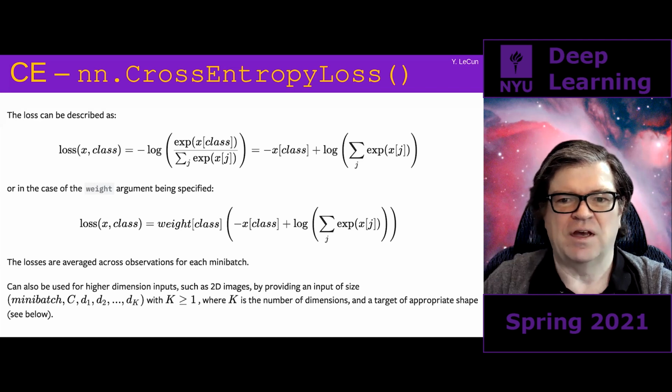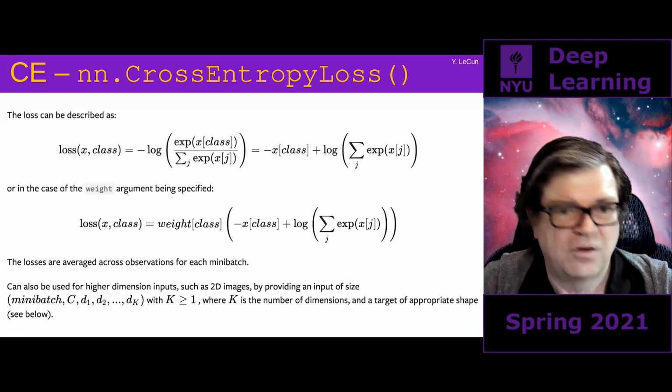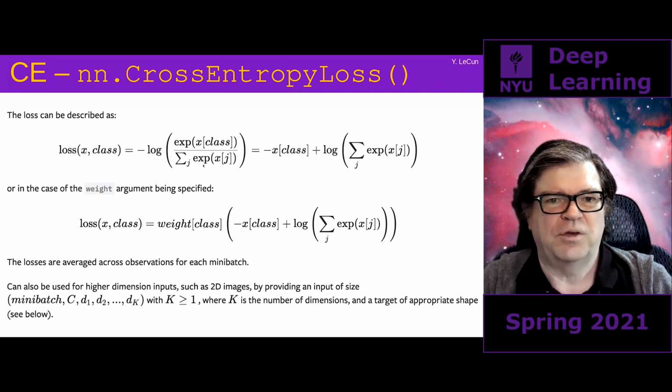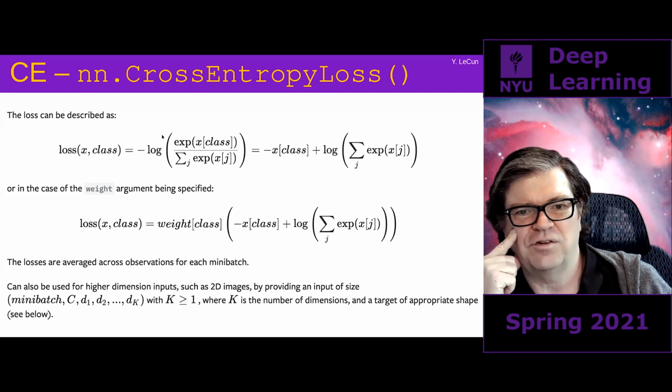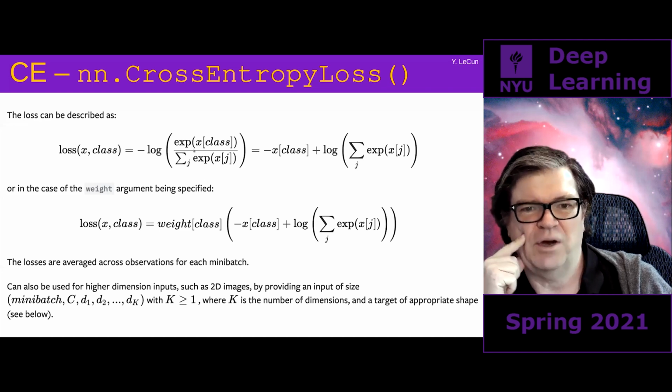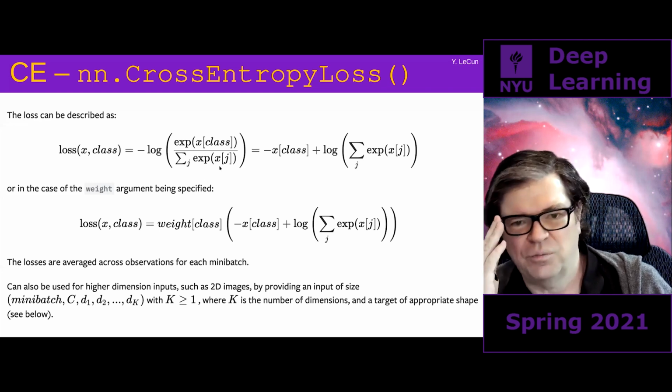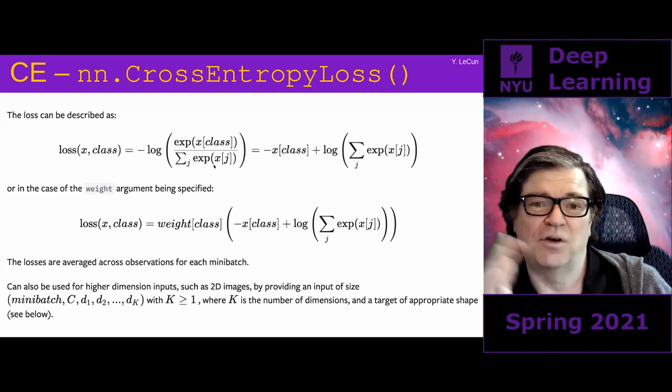That can be seen as a special case of the cross-entropy loss. Here is the expression for the softmax, and this is the negative log softmax, which is the negative log likelihood loss applied to a module with softmax, where the last module is softmax in one fell swoop.